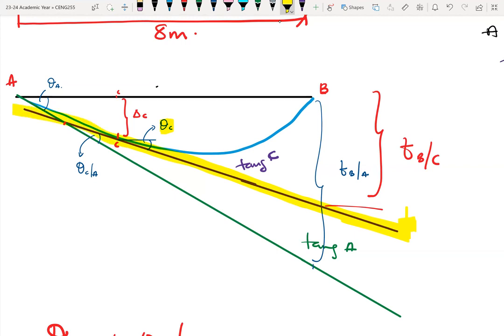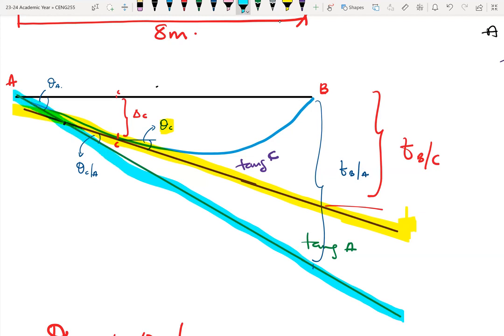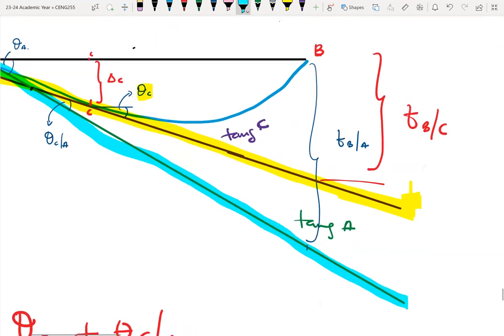Okay, now I've changed its color. Then we have another tangent passing through A, again with the cyan, whatever color highlight. So these are the two important tangents to us. All right.